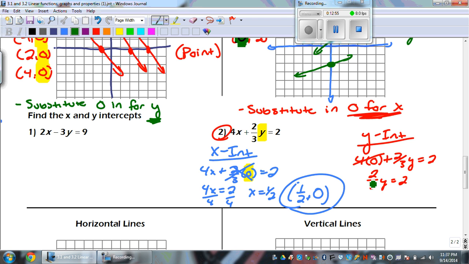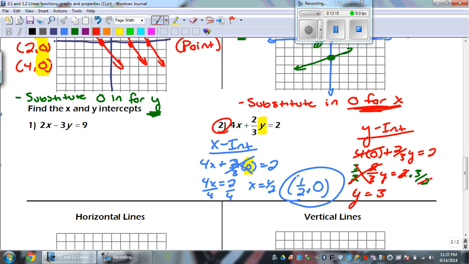Okay, to get rid of the fraction, I can multiply by the reciprocal, so multiply both sides by 3/2. Now, on the left side, the 3's cancel, the 2's cancel, you're left with y. And on the right side, the 2's cancel, but the 3's still there, so you get y equals 3.